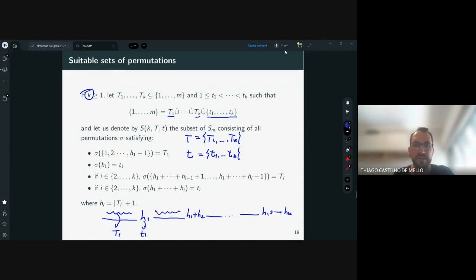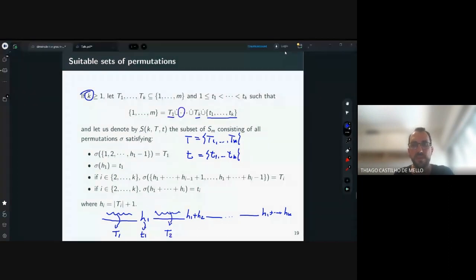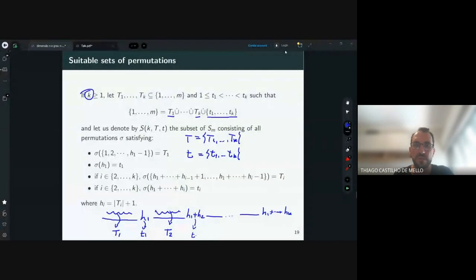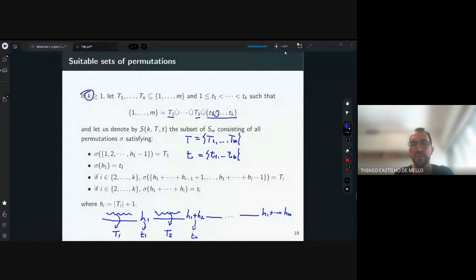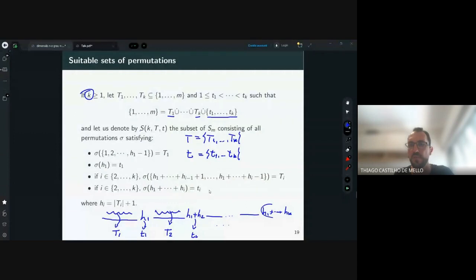Then the second part of my partition to this t2, which is here, and this h1 plus h2 to the second element which appears here, and so on. This will be going to tk. Okay, so I'm considering all permutations of Sm which do this job with these restrictions.